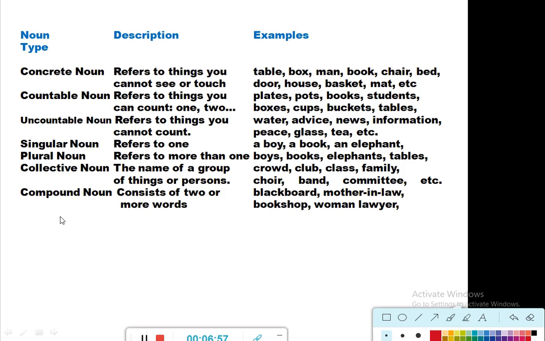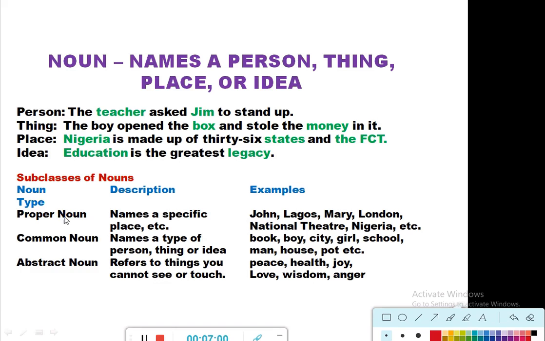Now, a proper noun can name a specific person, a specific thing, a specific place, or a specific institution. What the proper noun does is that it gives a particular name, a specific name, a definite name, to someone.